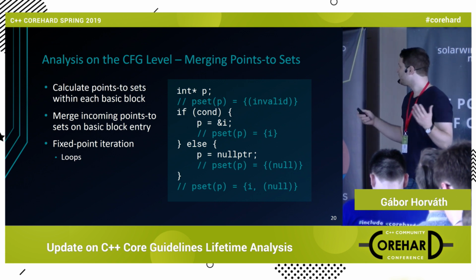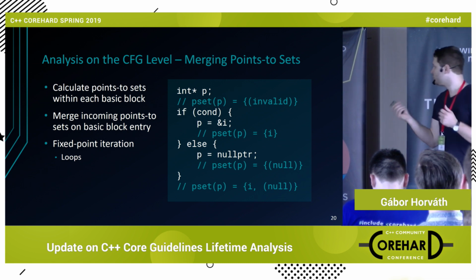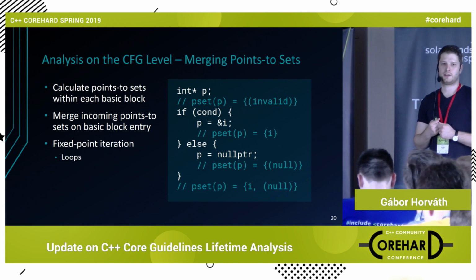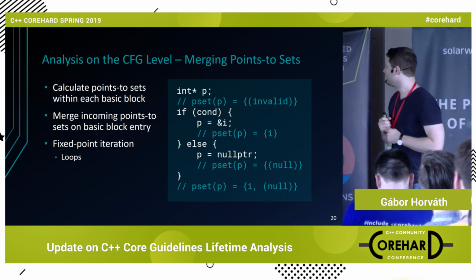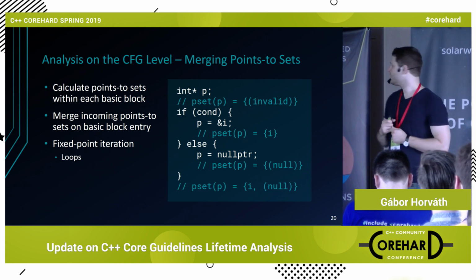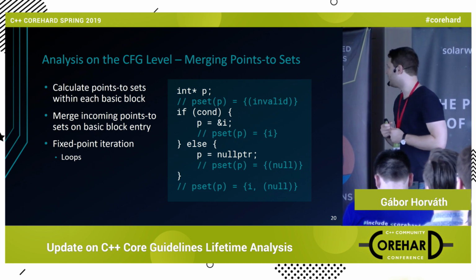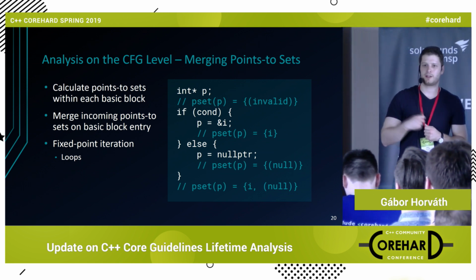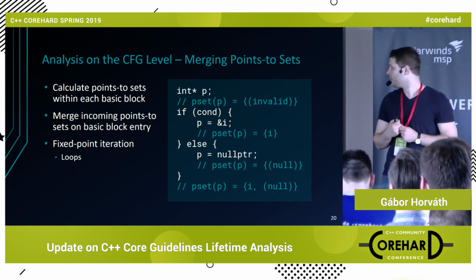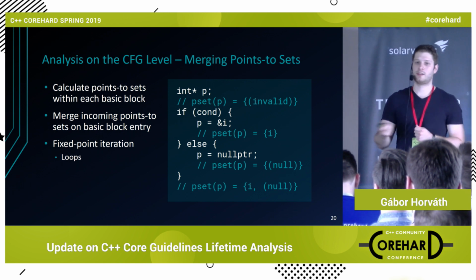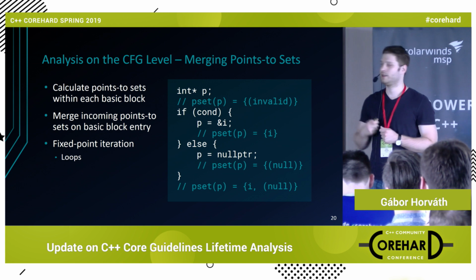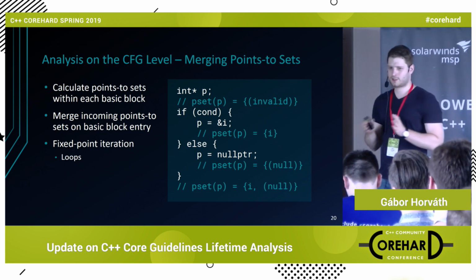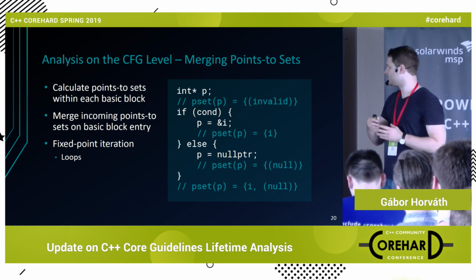So what will happen? We will take the union of the two sets for each of the pointers. So here we will know that the points-to set of p is i in the then branch, and it is null in the else branch. So after this branching instruction, the points-to set of p will be either i or null. So this means that p will either point to the local variable i, or it will be a null pointer. So the contents of the set is interpreted as an OR operation.